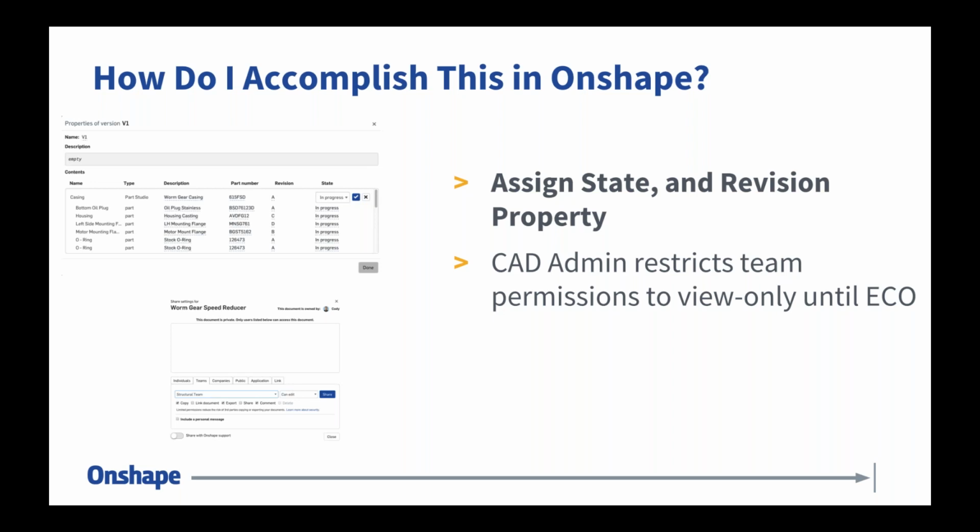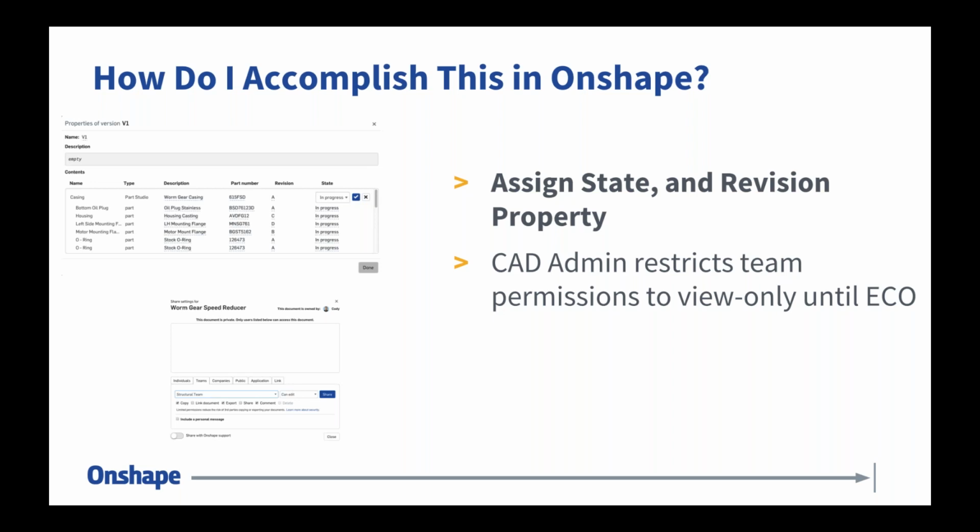So for design revisions, whether it be just a single part or the entire document or an assembly within it, you would create a version. And in that version, you would assign the state and you would assign a revision if it's changing, right? So it's an important part of the process of versioning.